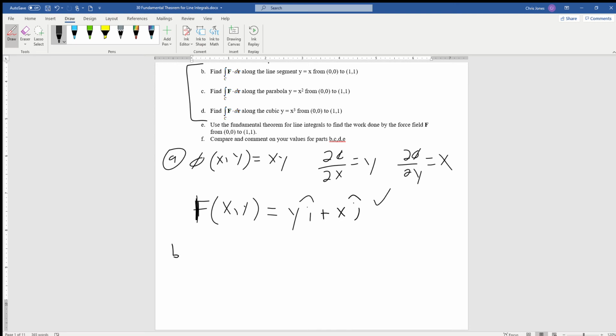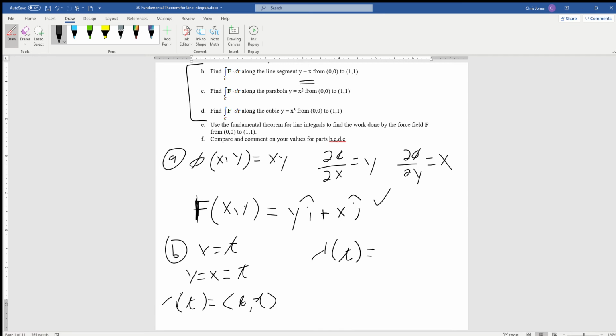Now, let's find F dot dr using parameterizations for three of these. Okay, so for part B, we have a line segment. So for the parameterization, we can say that x is equal to t. Since y is equal to x, that means that y is equal to t as well. So our r of t is going to be t comma t. R prime of t is going to be 1, 1.